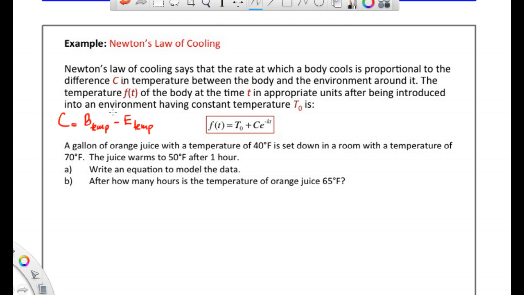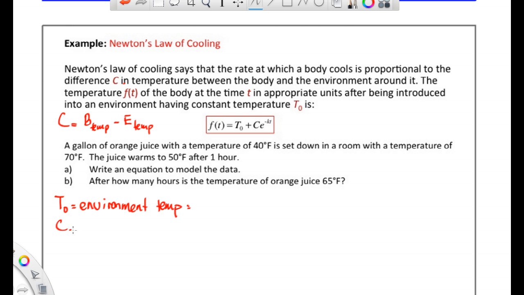The temperature F(t) of the body at time t, in appropriate units depending on what's given to you, is given by this function. And it does say that the constant temperature is T sub 0. So T sub 0 is the temperature that the environment has if it's constant. Let's see what we have in the next part. It says T sub 0 is the environment temperature.